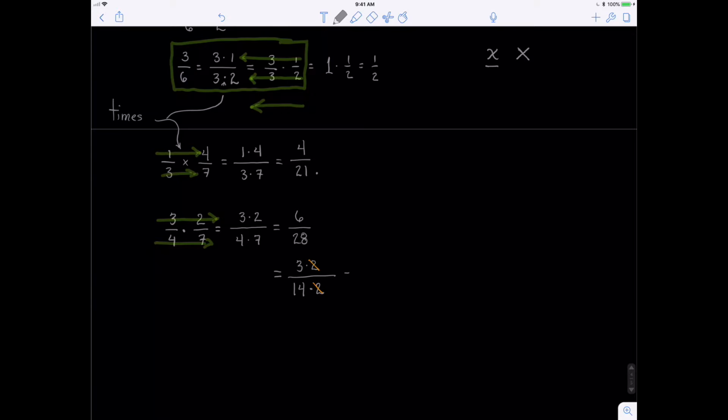And so we'd say that 3/4 times 2/7 is the same as 3/14. And the catch here is that 6/28, we say this can be reduced. And sometimes you might hear, simplified.